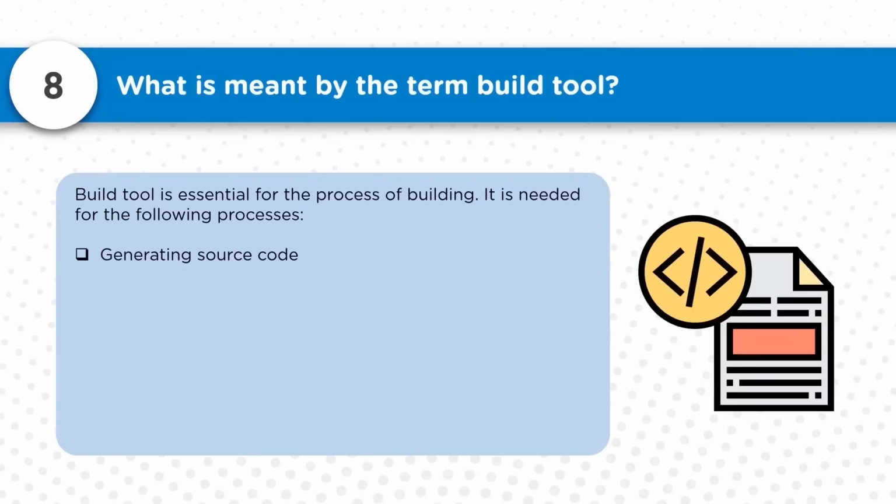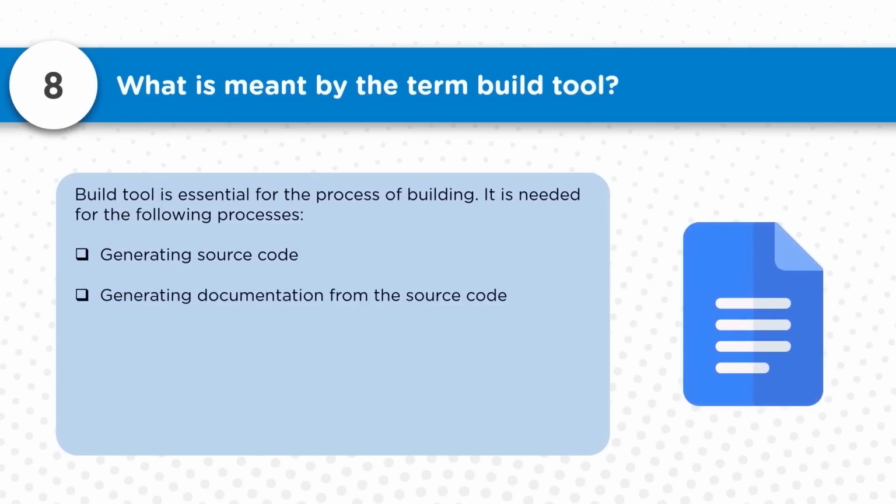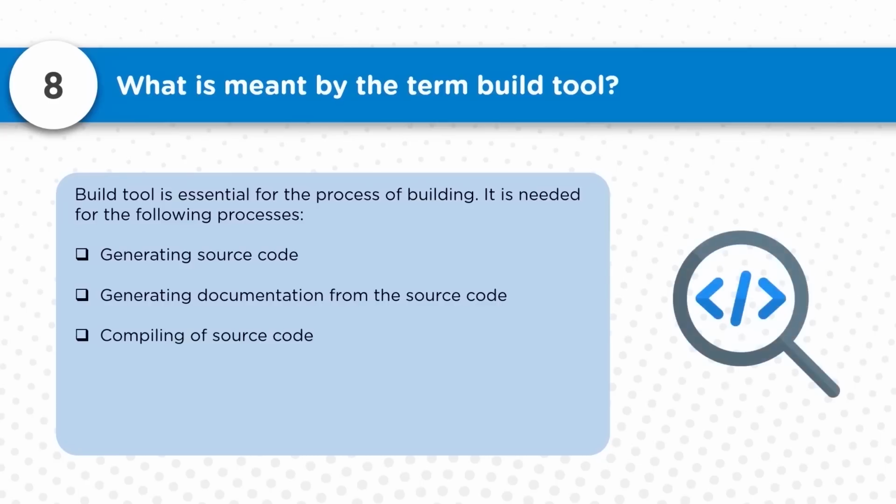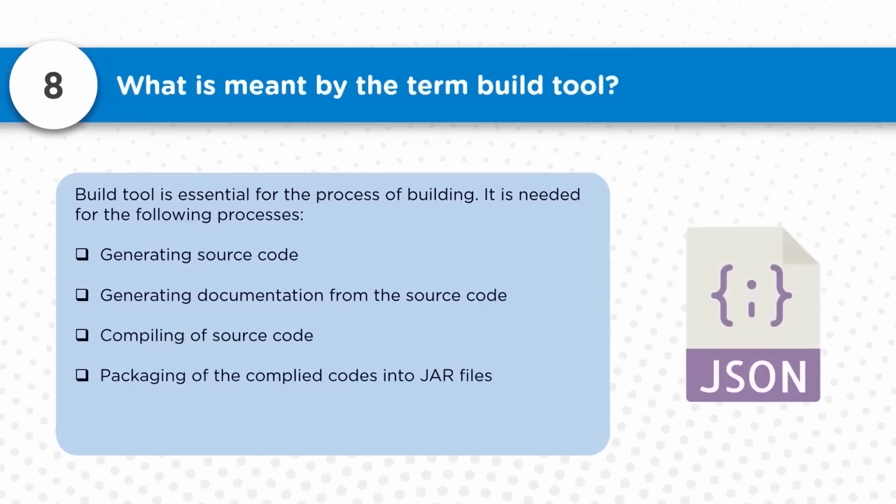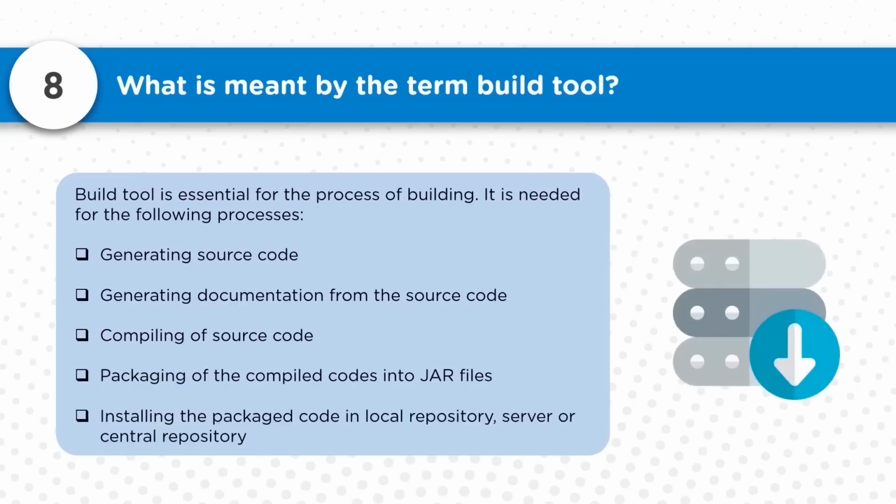It is needed if you want to generate source code, generate documentation from the source code, compile the source code, or package the source code, whether it's a jar file, a war file, or an EAR file. Whatever packaging mode you want to select, you can do it with the help of a build tool. And if you want to upload these artifacts to an artifact repository, whether on a remote machine or locally, you can also do that with build tools.